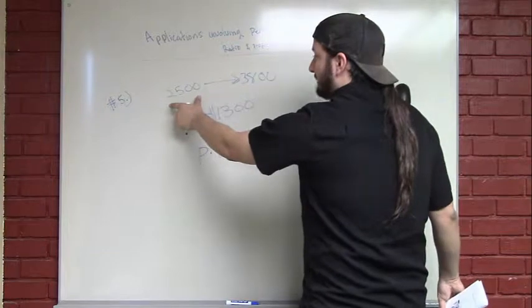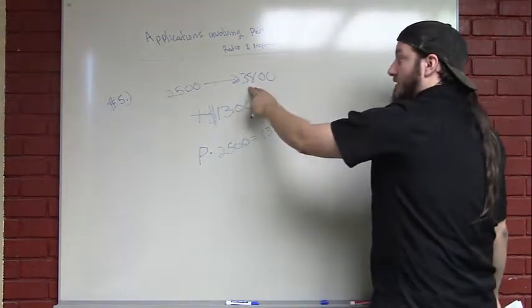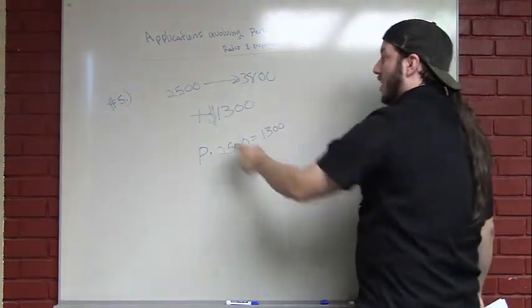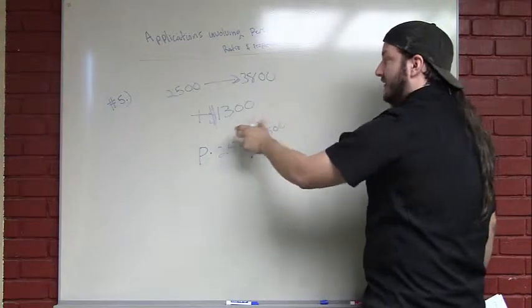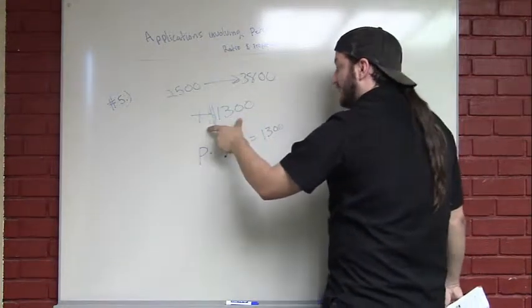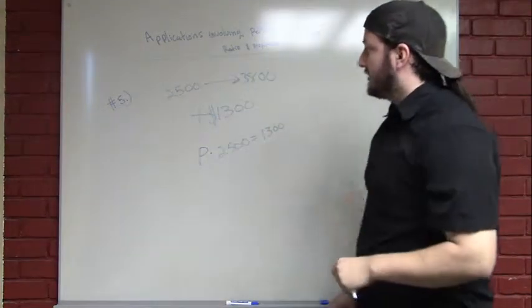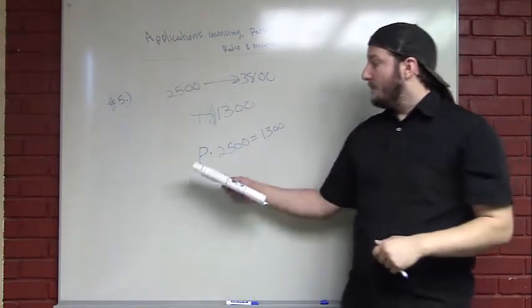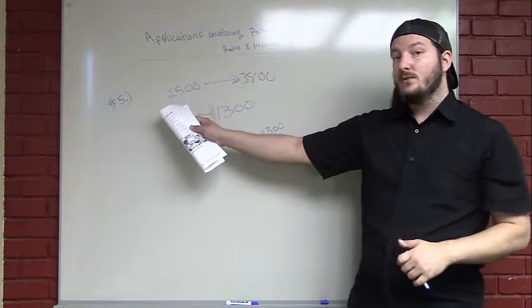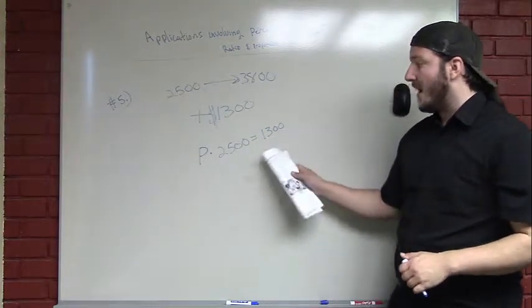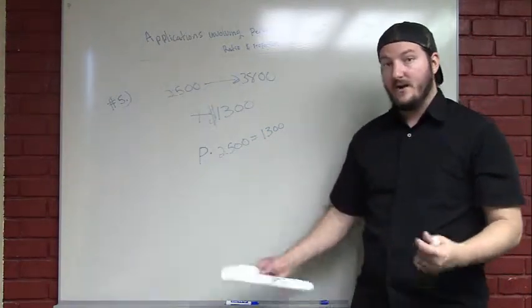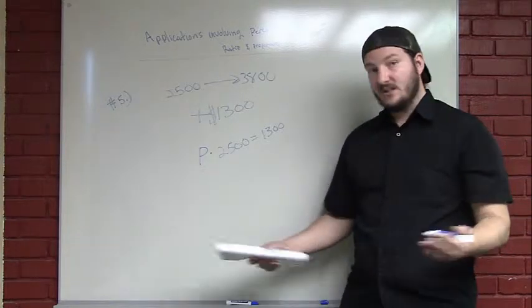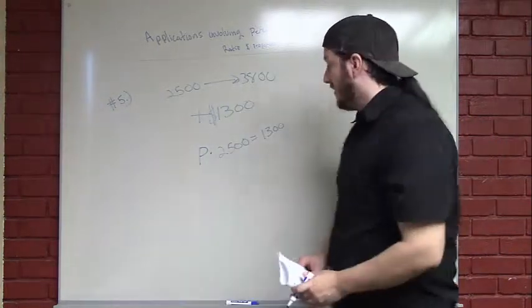We bought it at 2,500, it increased to 3,800, okay? Over that three-year period, it increased in value by $1,300, okay? So you're going to say, what percentage of the original value is going to equal how much it increased in value, okay? And whatever that is, that's going to be your percent increase.